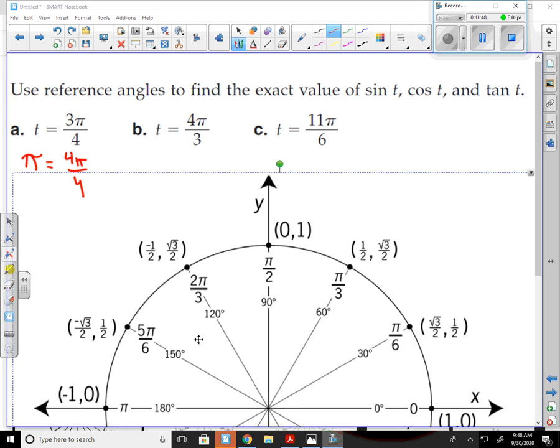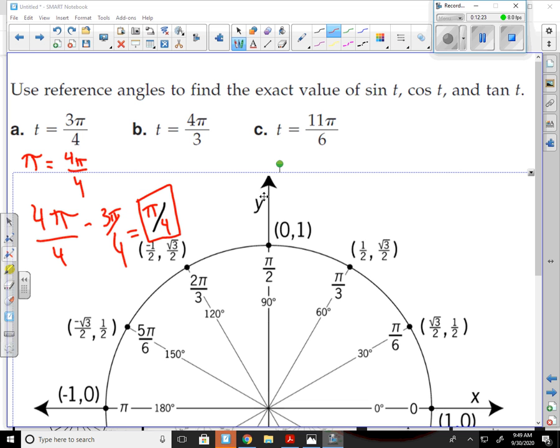Pi over 2 is here, which would be 2 pi over 4. 3 is between 2 and 4, so it would be in this quadrant, which means I'm doing pi minus 3 pi over 4, or 4 pi over 4 minus 3 pi over 4, which gives me just pi over 4. So that's my reference angle.